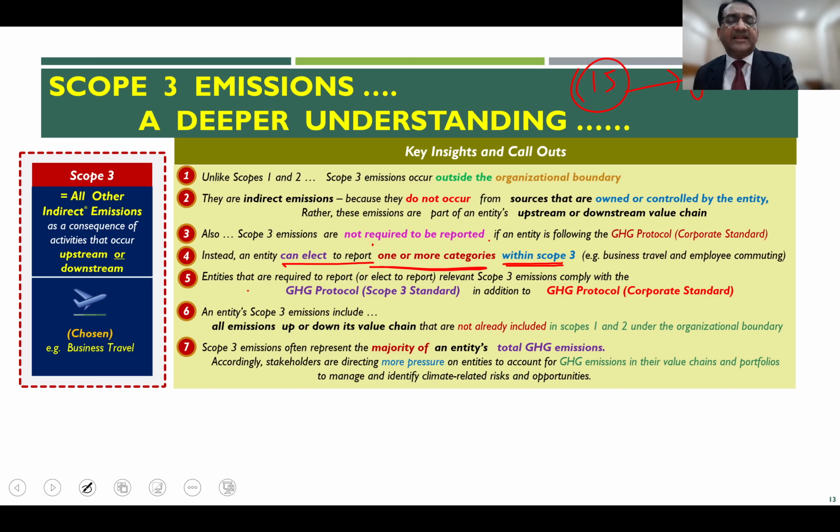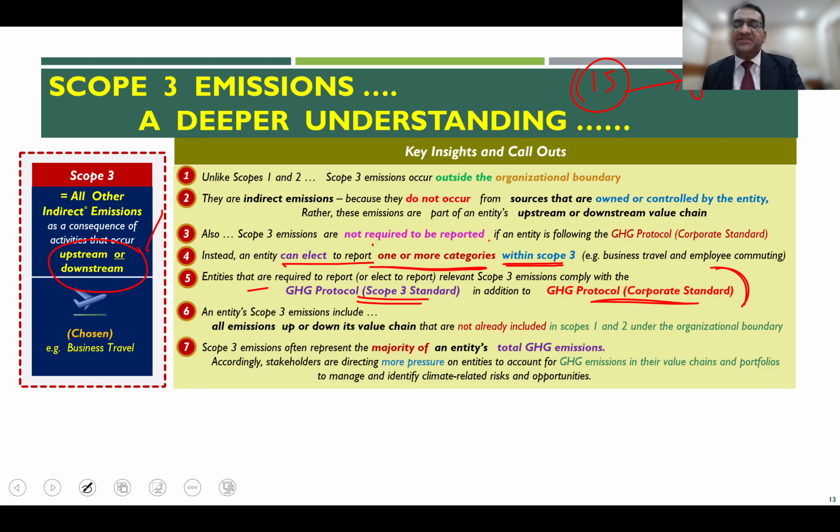Entities that are required to report the relevant scope 3 emissions will follow not only the corporate standard, but also the second standard under the protocol, the scope 3 standard. This is something we are going to cover maybe in a subsequent video. All we are saying in this case is that scope 3 emissions are the consequence of activities in the upstream and downstream of the value chain of the reporting entity.